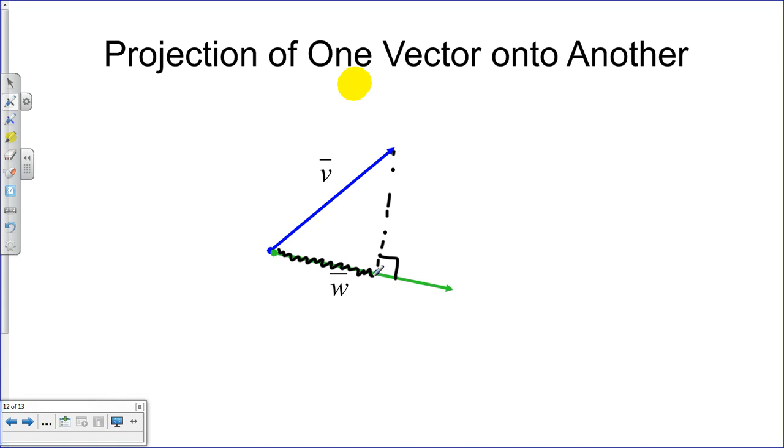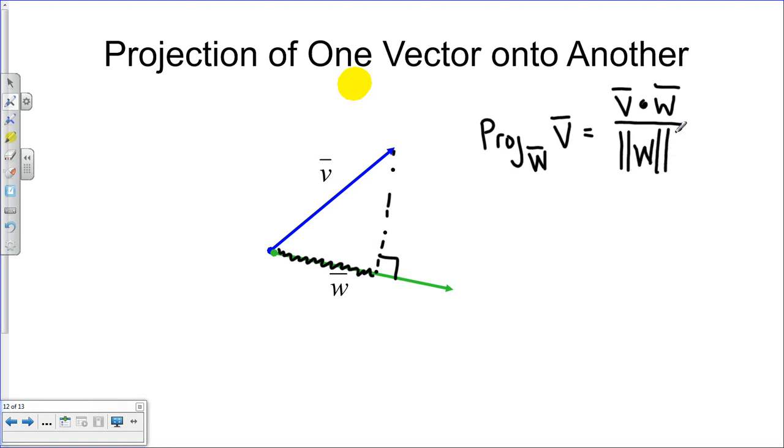So our notation, the projection onto W of vector V. Okay, so the small subnotation is the vector that the shadow is being cast on, and V is what's leaving a shadow on W, is equal to V dot W, hey, makes sense that it's the dot product, V dot W, divided by the magnitude of W squared.